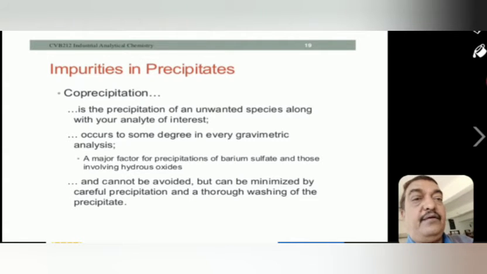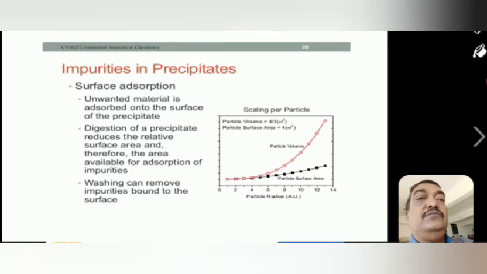Otherwise co-precipitates are formed and they are very dangerous for the final weighing. Now when you move on to another aspect, the impurities in the precipitation, as I have already quoted, the surface adsorption of the colloidal particle may affect when there is a side reaction of impurities present in your solution or an electrolyte which is to be added for the precipitation.